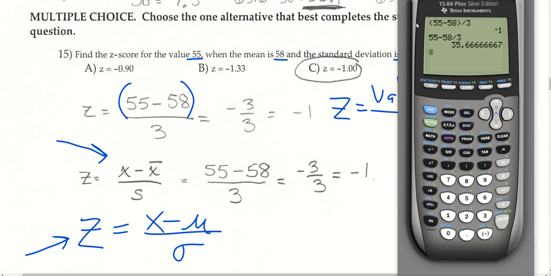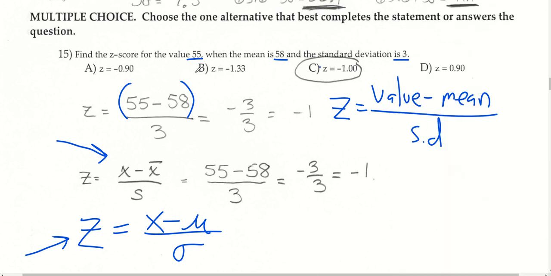So whenever you have a fraction, you should have parentheses for the numerator and also generally for the denominator if it has more than one term. So the correct answer here is that the value of 55 would correspond to a z-score of -1.